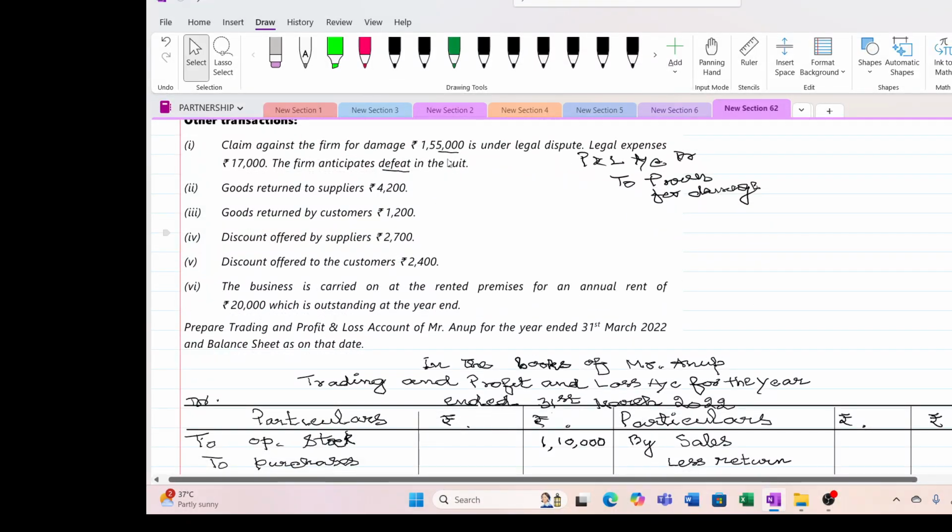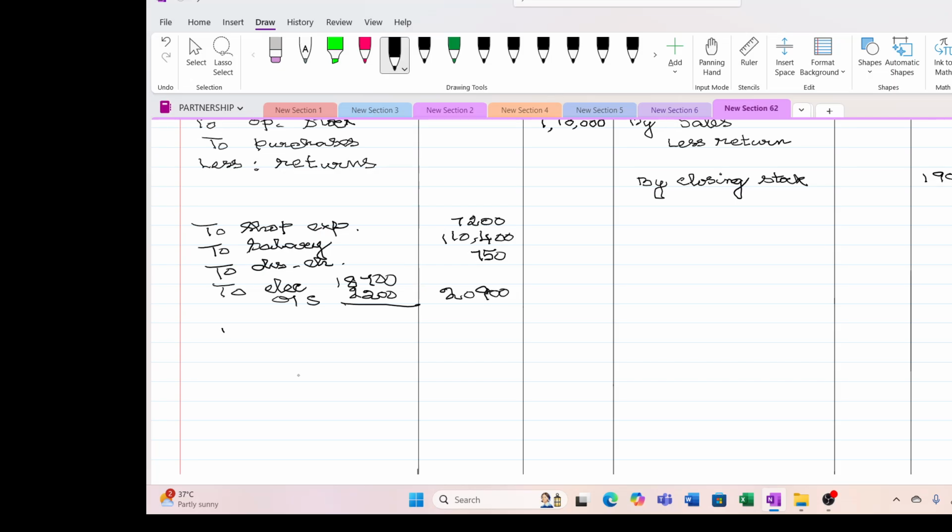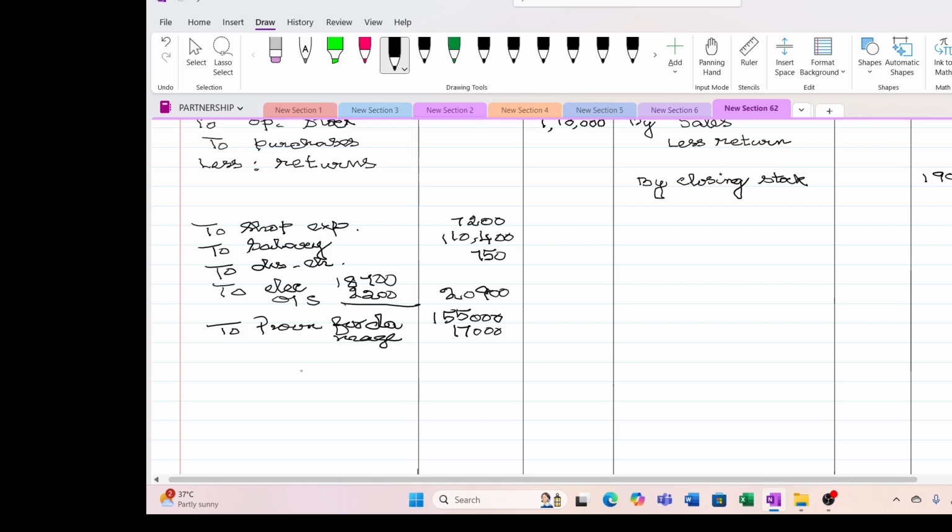So there is a damage of 1,55,000 and 17,000. This will go into the P&L account, provision for damage. Both are not paid, so both are outstanding and this will go into our liability in the current balance sheet.